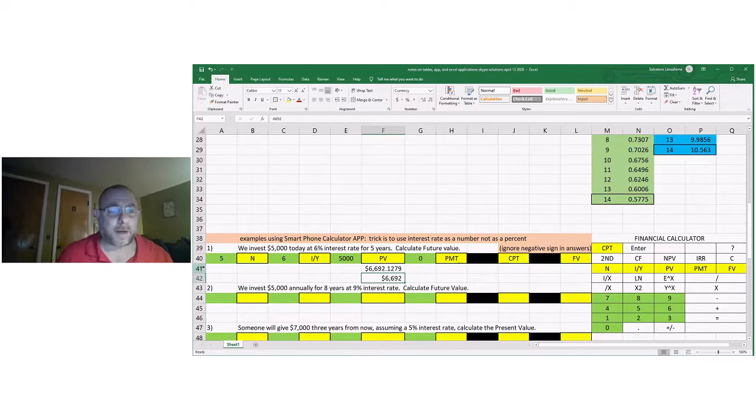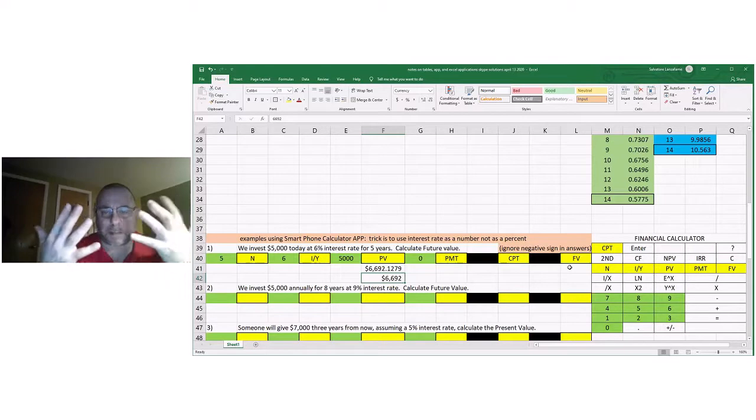So again, 5N, 6IY, 5,000 PV, 0 payment, and then compute FV. Literally just enter as you see me doing this horizontally. There are 10 actions on your part: 5N, 6IY, 5,000 PV, 0 payment, compute FV. 10 moves.